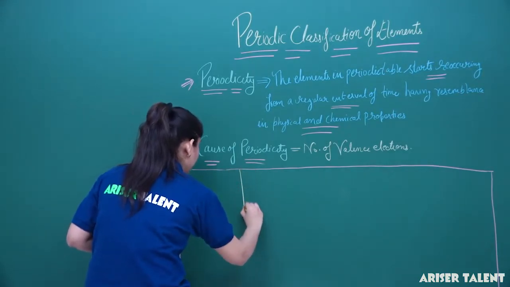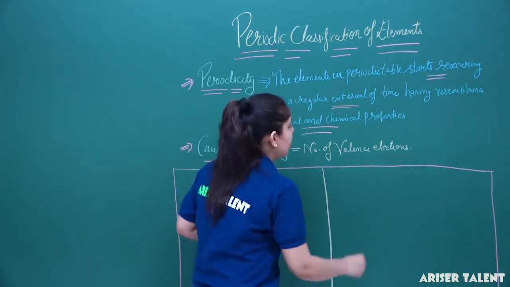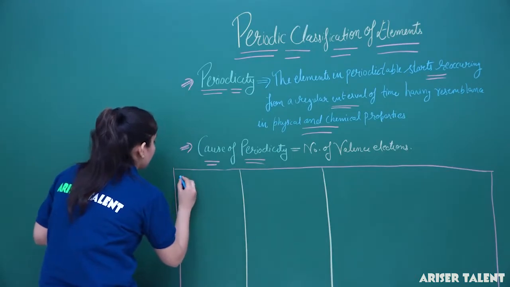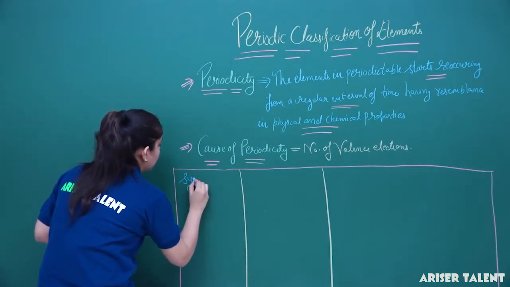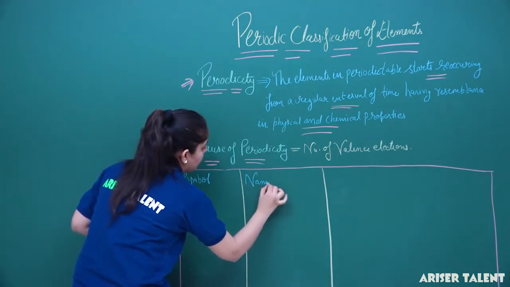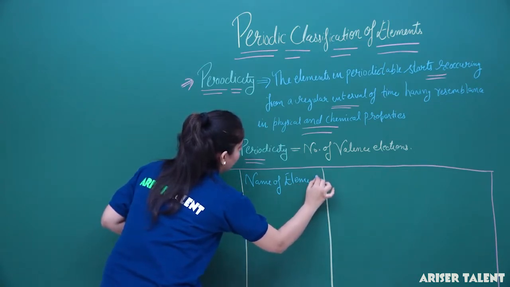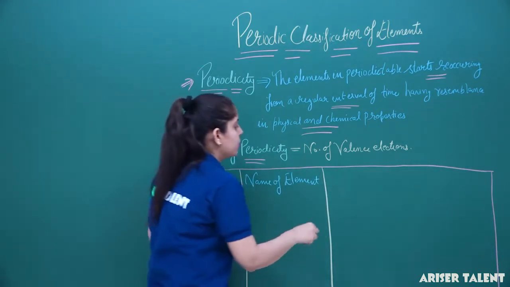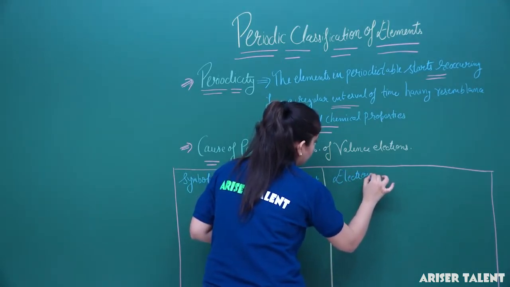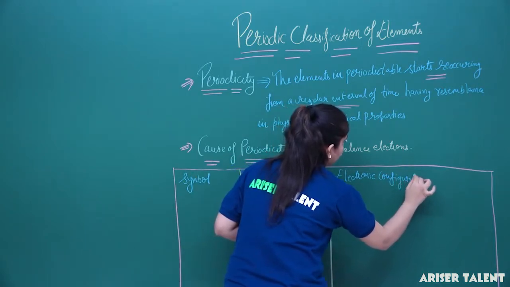Here we will write the name of the element, here the symbol of the element, and here we are going to write the electronic configuration.